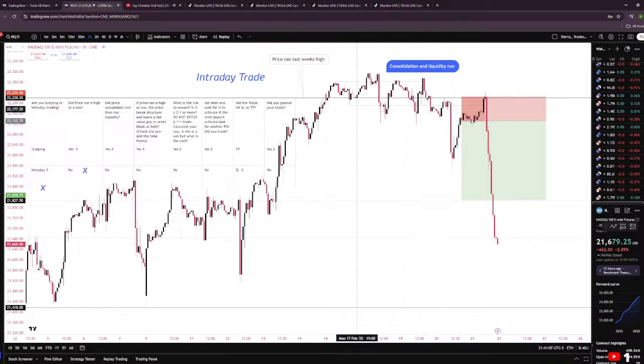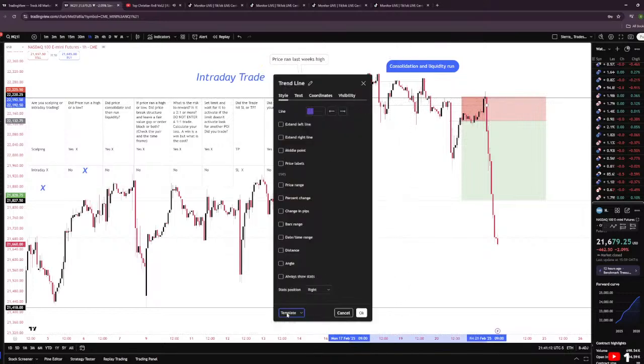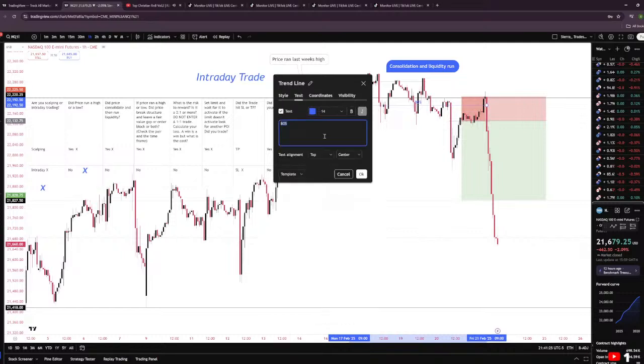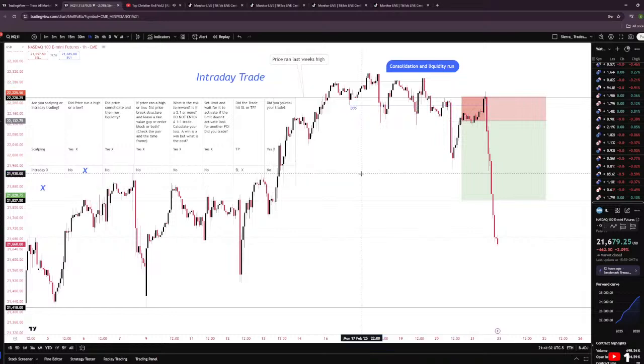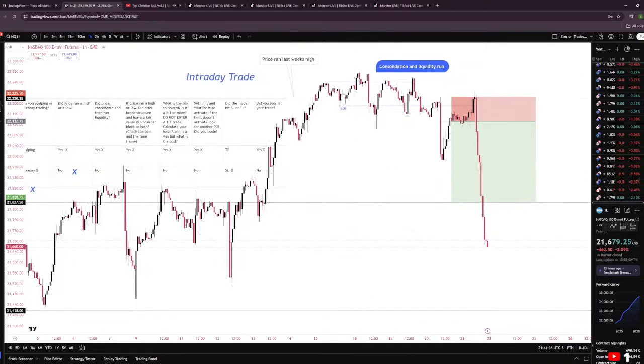Break of structure, we could just mark this one. That's our break of structure. Our fair value gap was here.